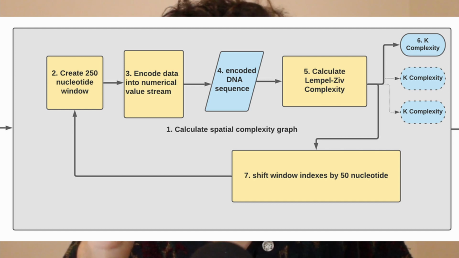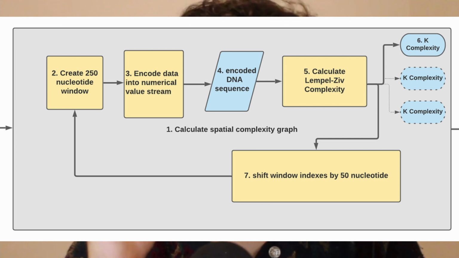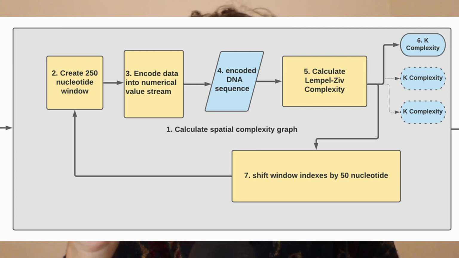characters into our code. The main part of our code has to do with calculating the spatial complexity graph. To do so, we will need to repeat an analysis that calculates multiple K complexity metrics across the length of the whole DNA sequence. The first step in the loop is to create a 250 nucleotide window where we're at in the DNA sequence.